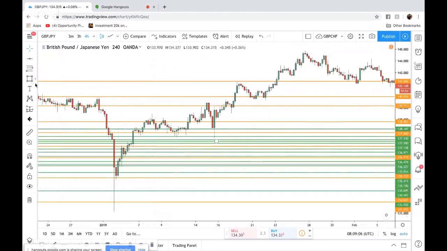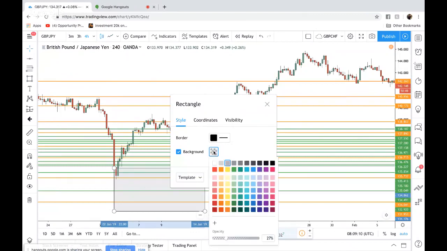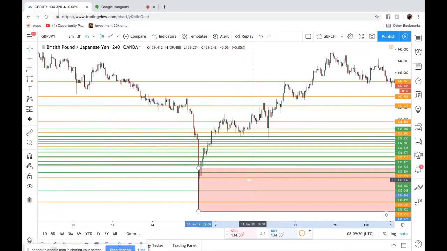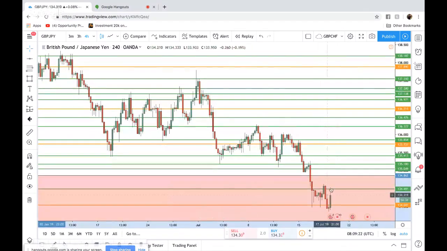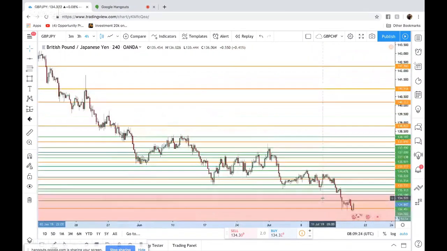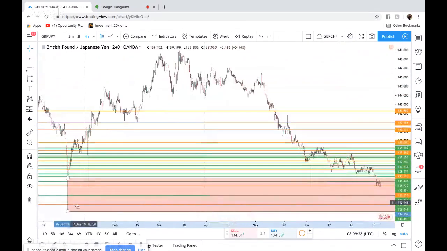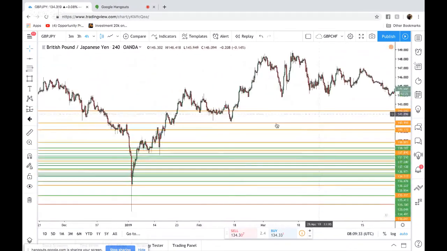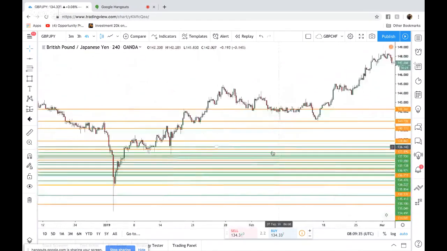I hate big zones, but just so you're aware, this long wick right here is where current price is, so that's where we might see that hesitation or potential pull. But with that zone being so huge, I'm not a fan. I like to keep it minimal.